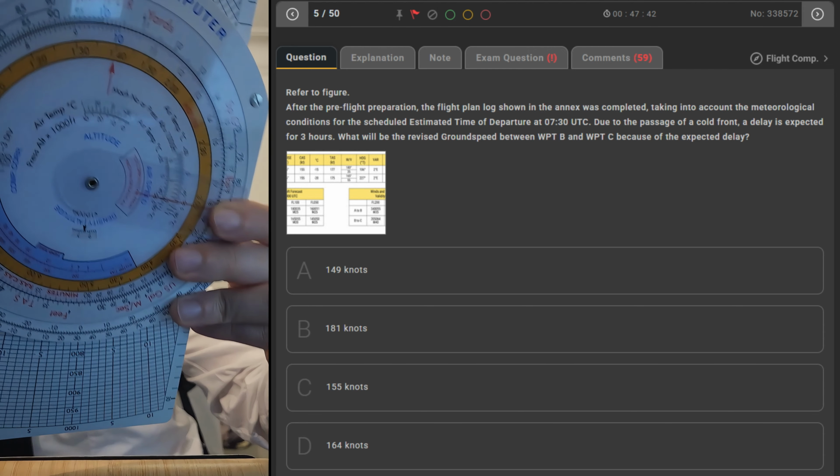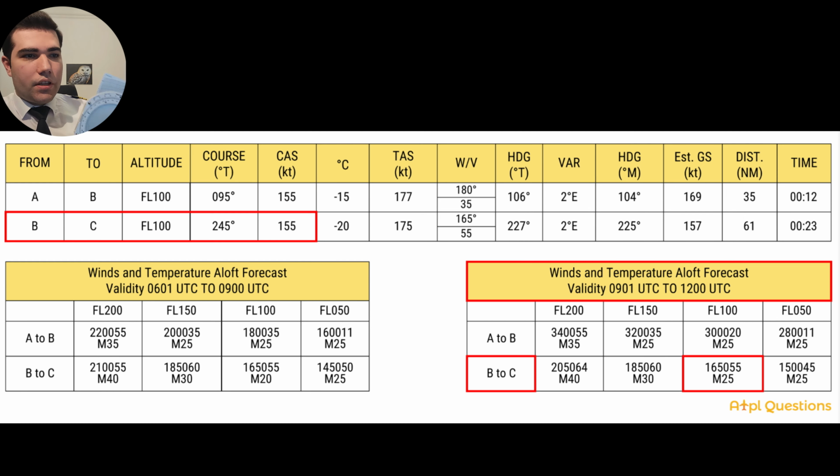Since we are flying at flight level 100, which is given on the flight log, we have to concern ourselves with this area of the annex, and then we have to use our flight computer to obtain our true airspeed. As you know, when you're working for the ground speed, you need to find your true airspeed, then the wind correction, then you have your ground speed.